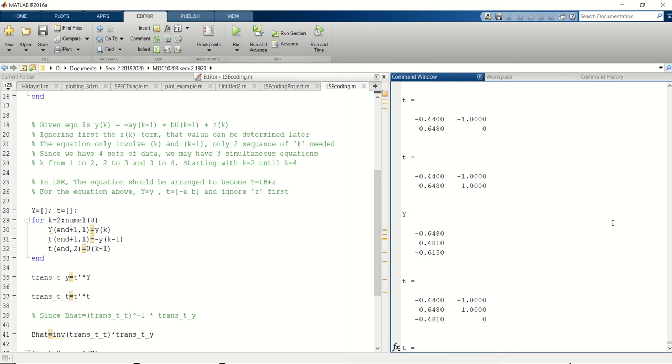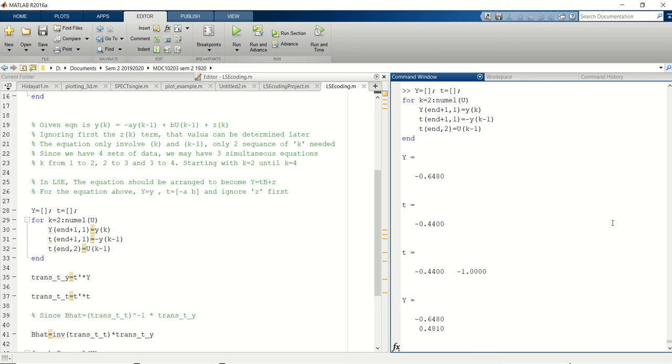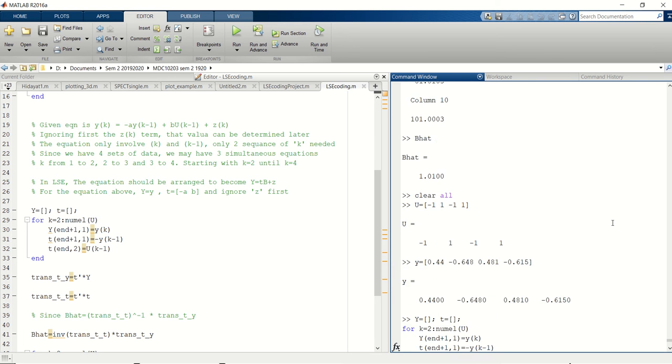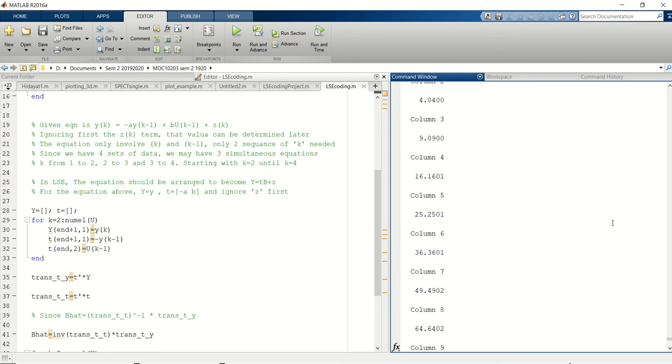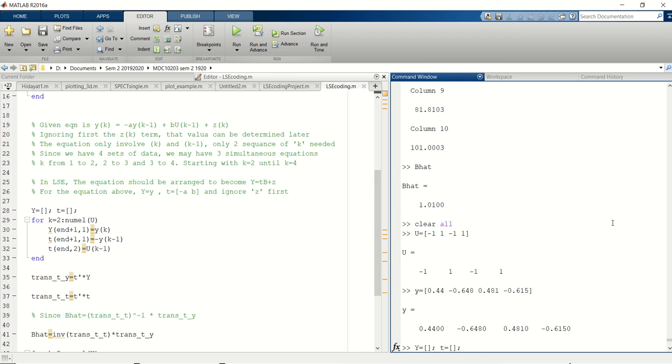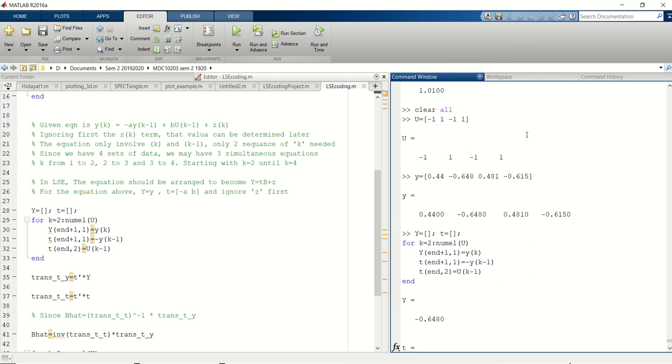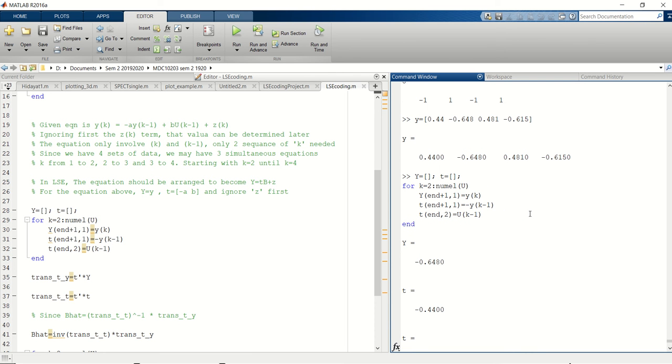So you can see here, from the very beginning just now, it starts from here. We run the u value, so this is the value. We run the y value, so these are the values, and then we run all these lines from y equals to blank matrix and t equals to blank matrix until n.